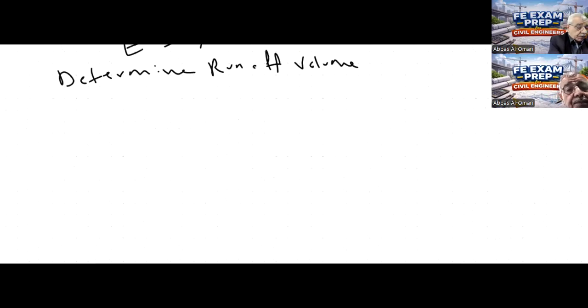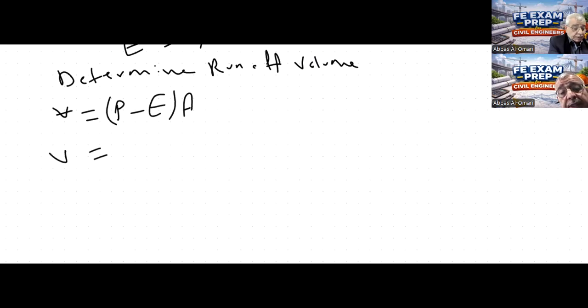So the runoff volume, V, equals precipitation minus evaporation by the area, and we do unit conversion. So where precipitation is 800 minus 400, so that's 400 millimeter. We divide by 1,000 millimeter per meter.